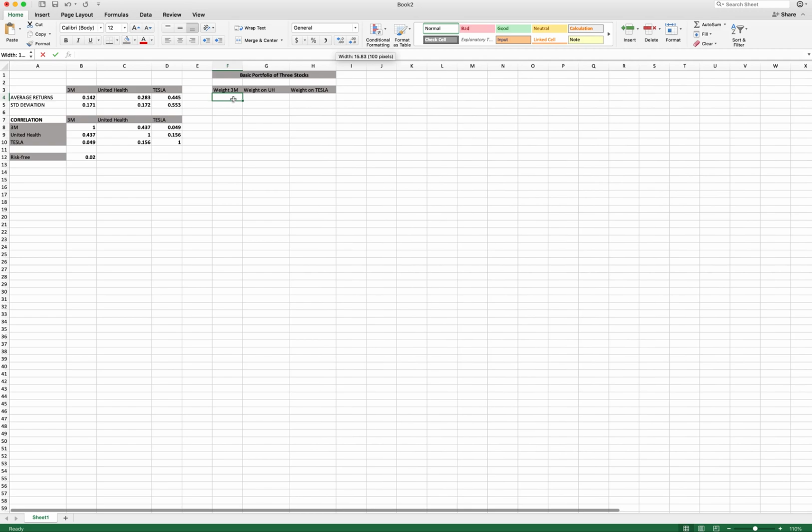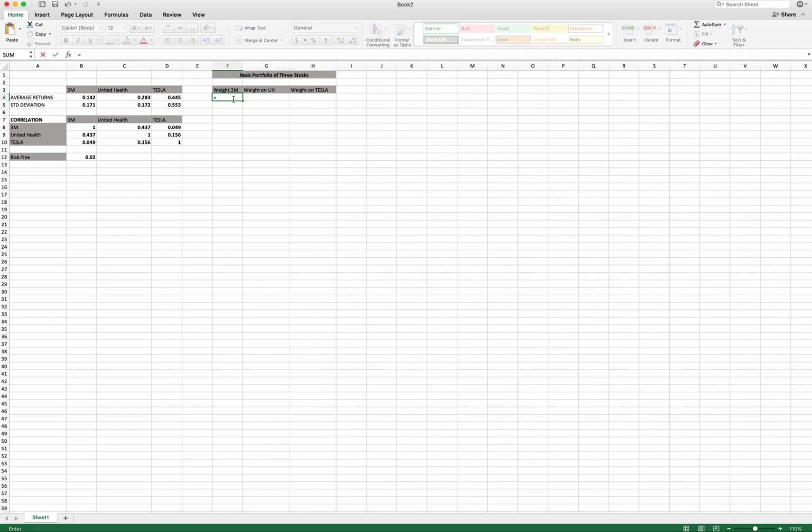We're going to start with a very simple portfolio, maybe 0.4 on 3M, 0.4 or 40% on United Health. And on Tesla, well, I know that a portfolio by definition has a sum of weights that's 100% or 1. So the weight on Tesla is going to be 1 minus the weight on 3M minus the weight on United Health. Okay, 0.2.